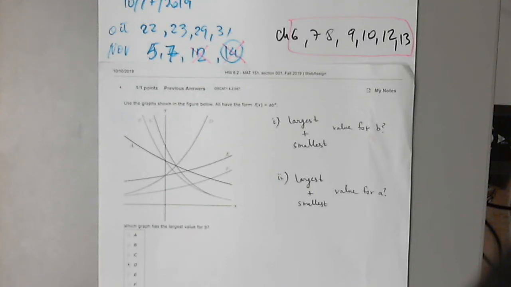The base cannot be negative. The base can be between 0 and 1, and 1 and infinity. This one is definitely base less than 1, and this one is definitely base less than 1.